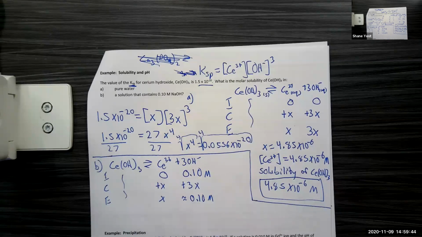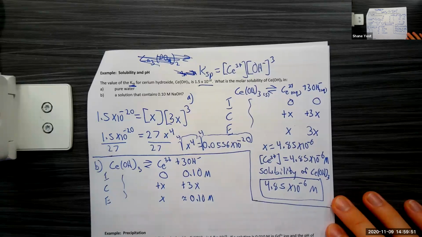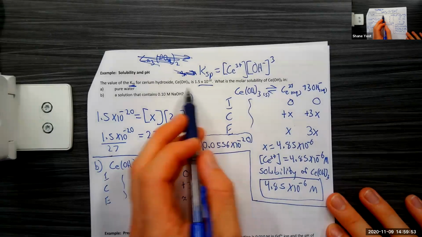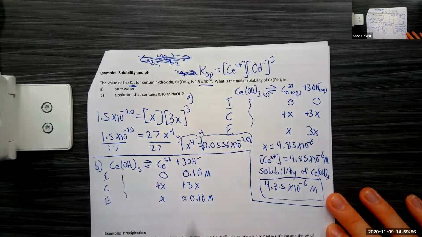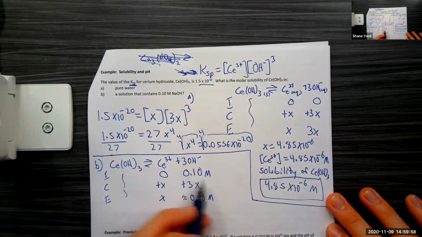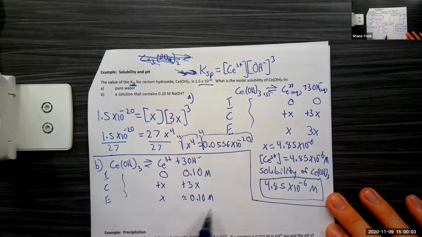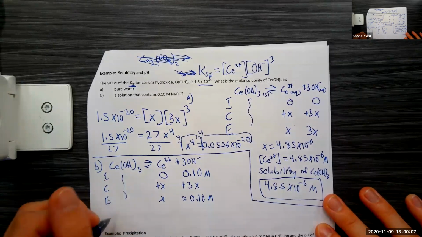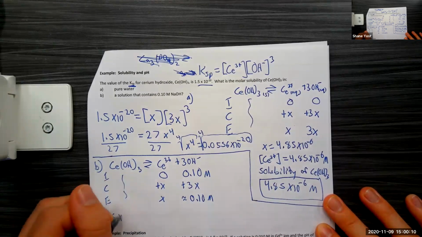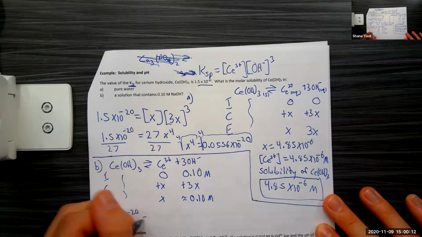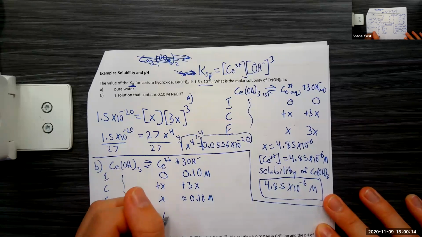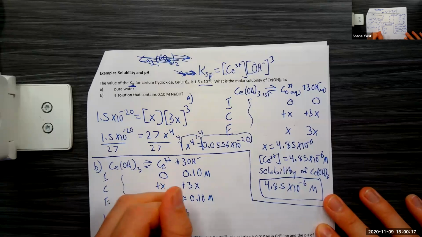This is similar to the approximation we use for Ka problems. It appears here in Ksp, where our equilibrium constant is a very small number, and my initial concentration of 0.1 is much greater than it, so this should be a very valid approximation. Then my Ksp equation, 1.5 times 10 to the minus 20 equals X times 0.1 cubed.